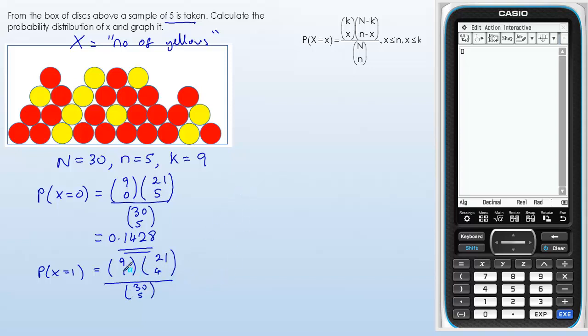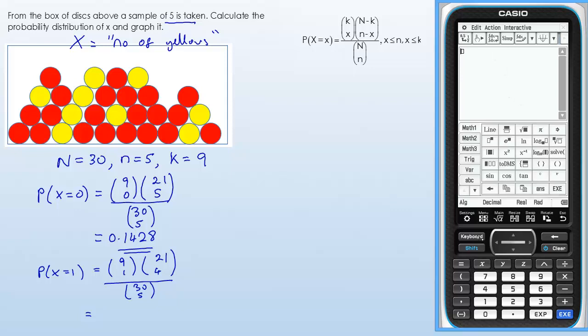And you can see that that's getting 1 yellow from the 9 that we have and 4 reds from the 21 we have. Now hopefully that'll work on here. It will certainly work on your handheld, but I've had some problems with the online version of this calculator, so that's why I used the scientific in the first place.